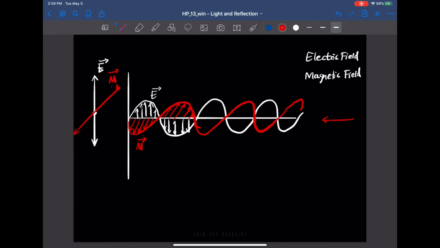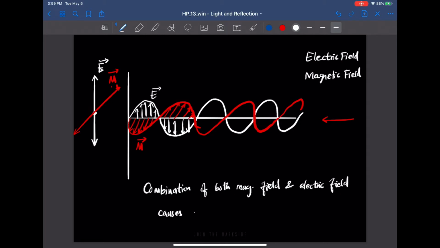Now the combination of both the magnetic field and the electric field causes a motion.